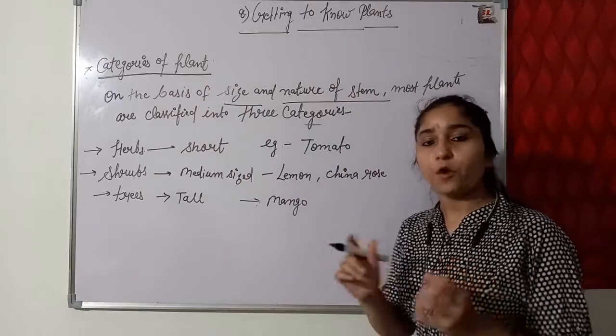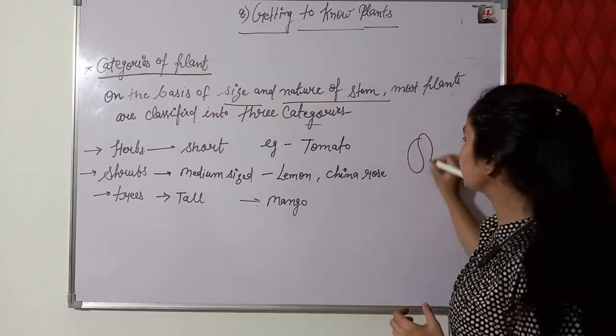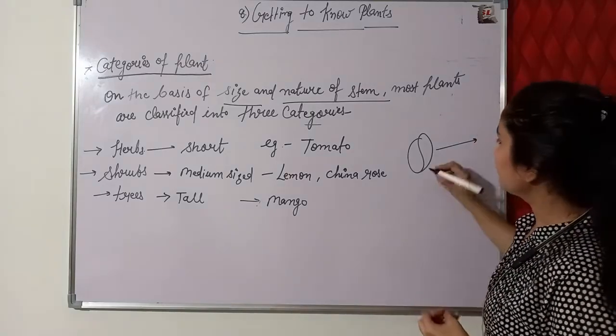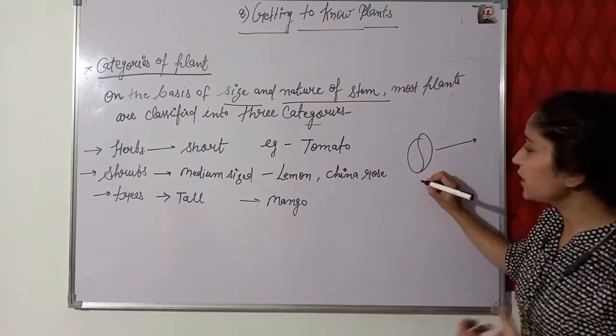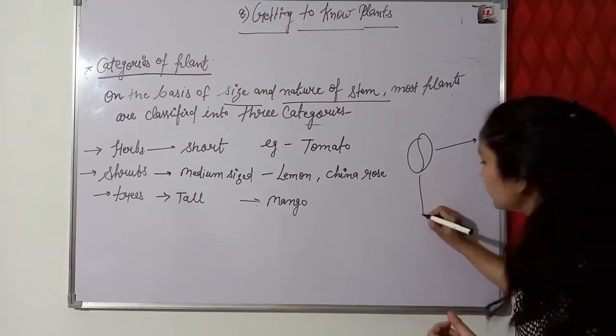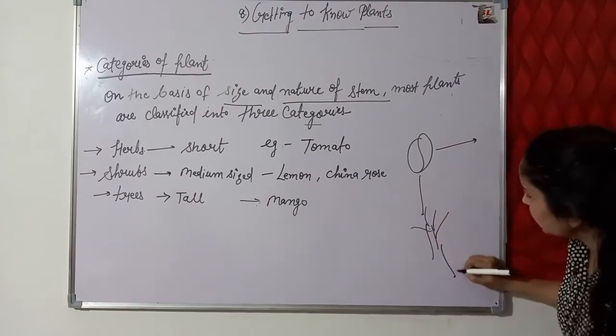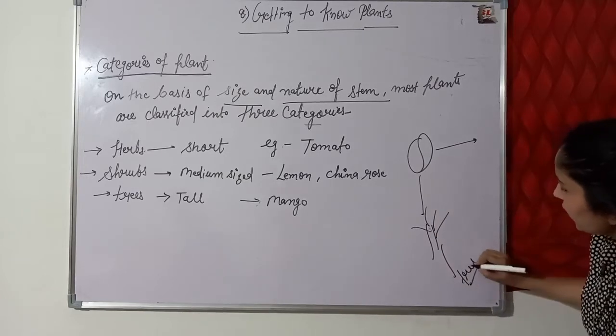You know that from seeds a plant or tree grows. Initially when seeds continue to grow, small plants are formed, and from plants, trees are formed.